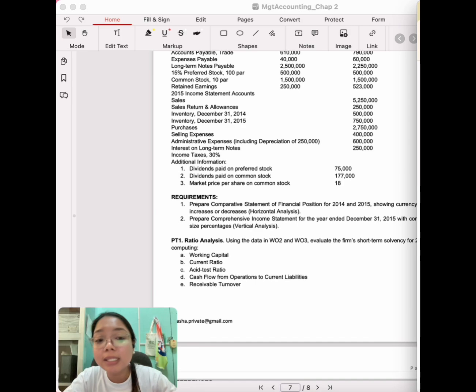For short-term solvency, can the company pay its short-term obligations? For long-term solvency, can the company handle its long-term financial commitments? And then for operational efficiency, is the company using its resources effectively? And then profitability, is the company generating satisfactory returns? And lastly, for investment analysis, what do the financial figures tell owners, creditors, and investors?